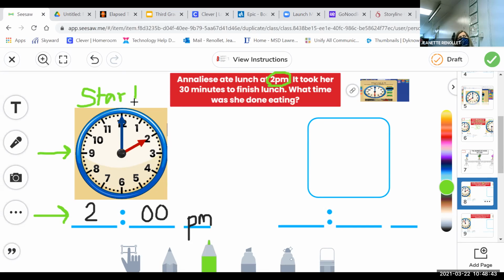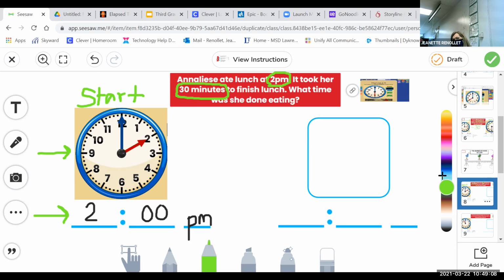Who can identify how much time passed while she was eating lunch? How much time passed for Annalise? How long was her lunch, Kaylee? 30 minutes. Our text says it took her 30 minutes to finish her lunch.